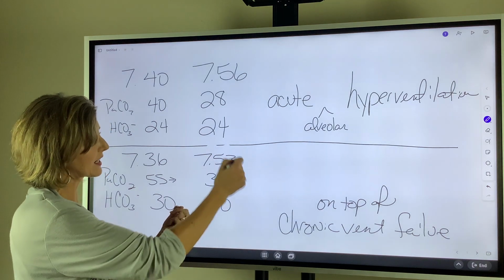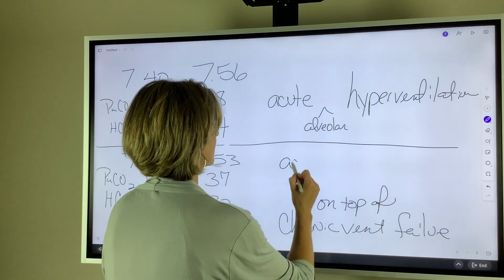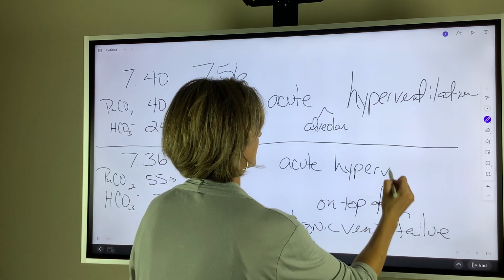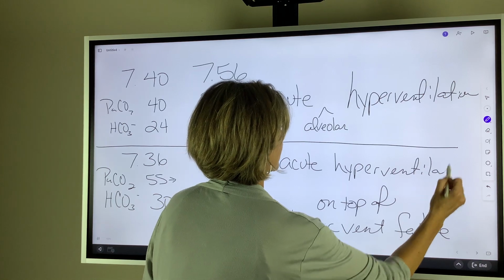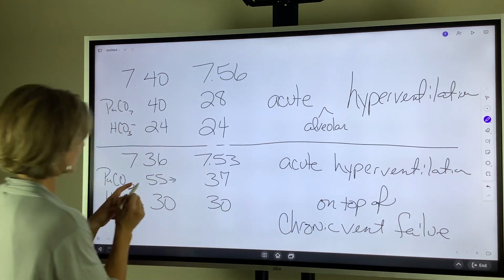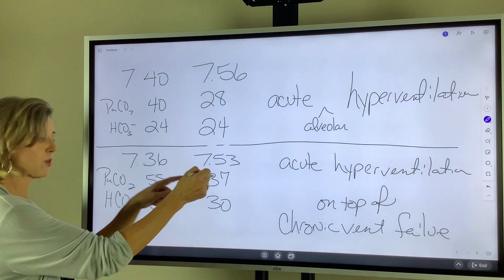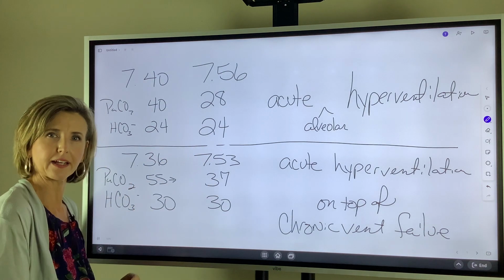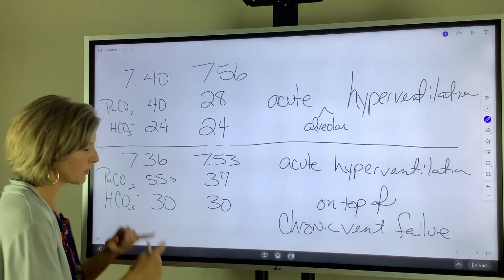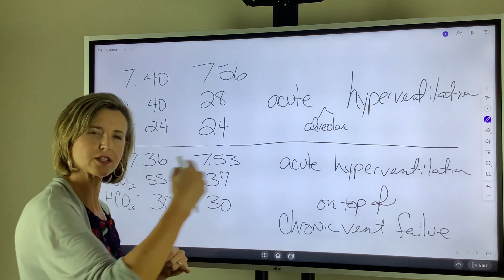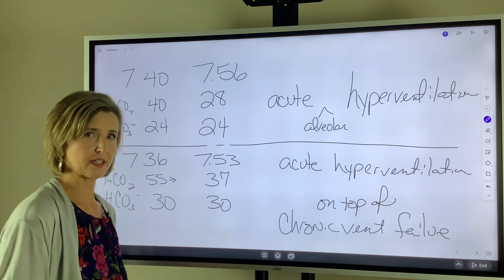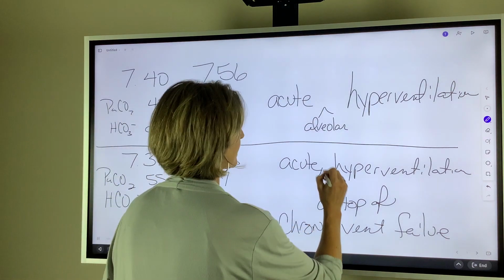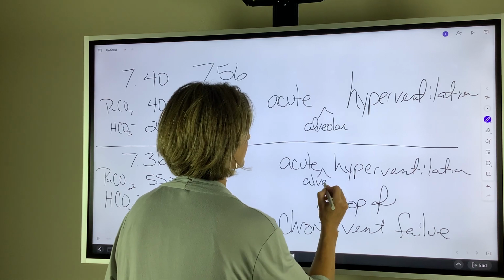So this is an acute hyperventilation because the patient has dropped their CO2 from their normal down to 37. This patient is hyperventilating. It is an acute condition because their bicarb has not moved in order to compensate for it.